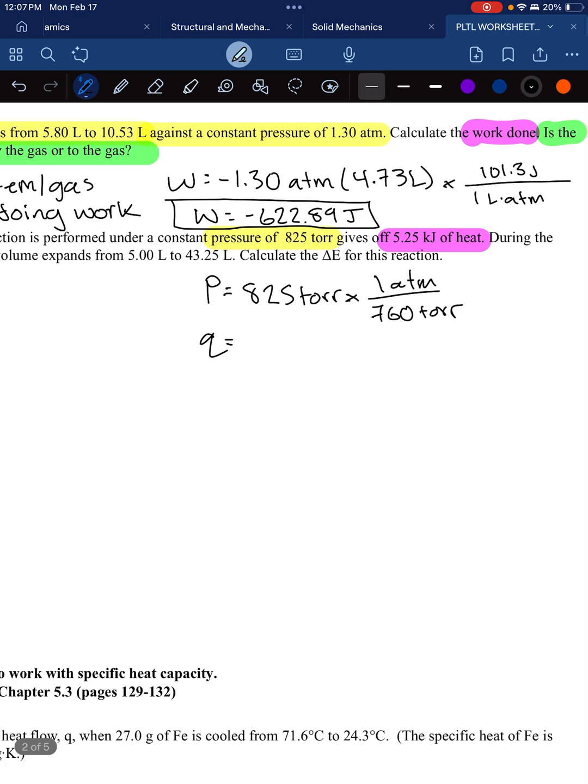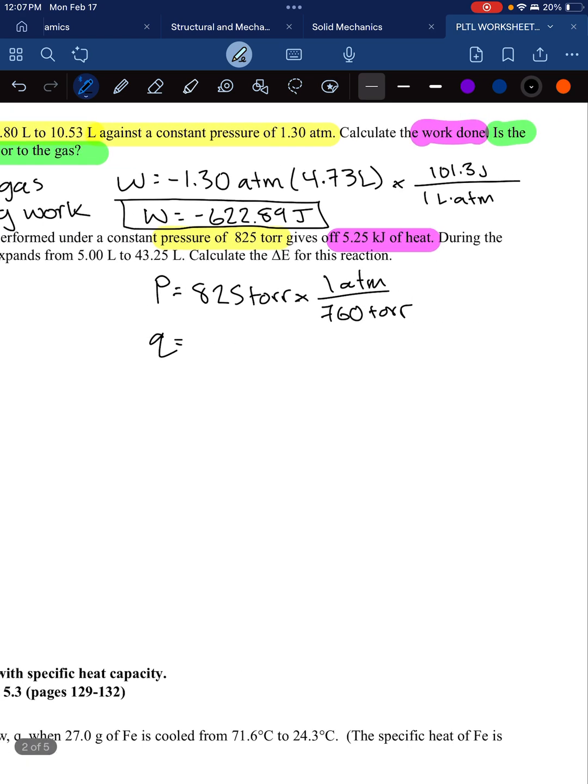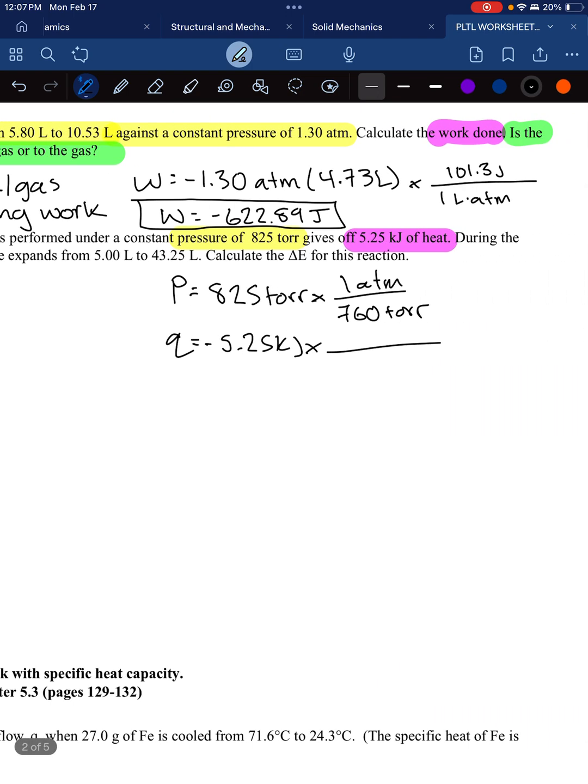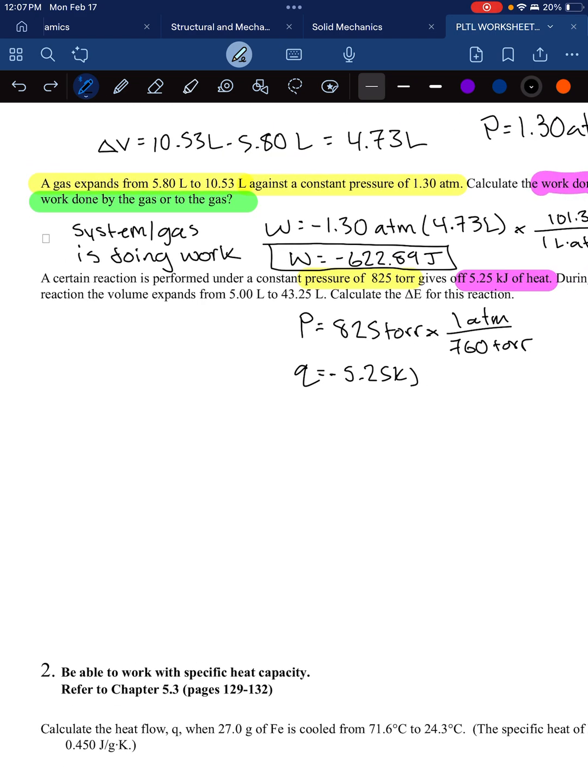But it says the system gives off 5.25 kilojoules of heat, so we know that needs to be negative 5.25 kilojoules. And let's not change it to joules just yet, to see what we need in the problem. Now, during the reaction, the volume expands from 5 liters to 43.25 liters.